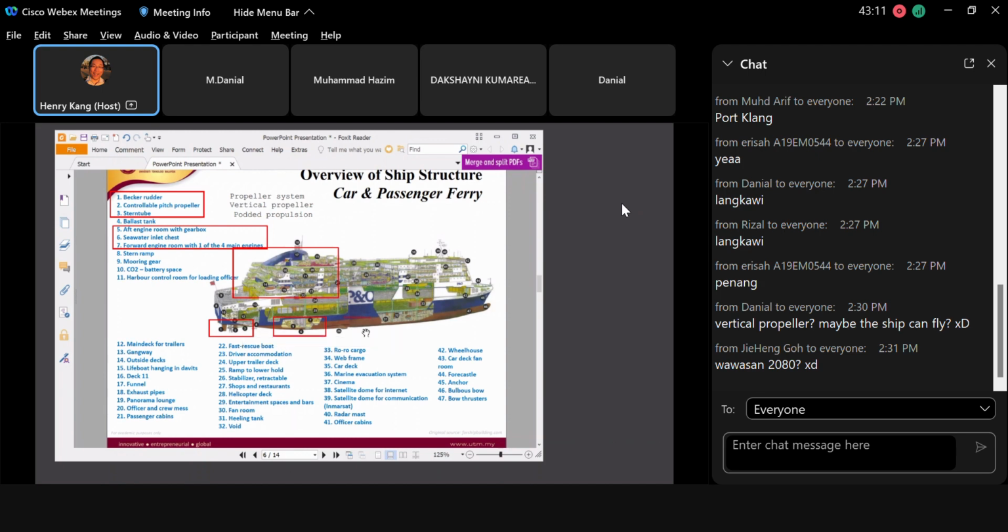The propeller can rotate about one axis so that the propeller itself can play the function of the rudder.